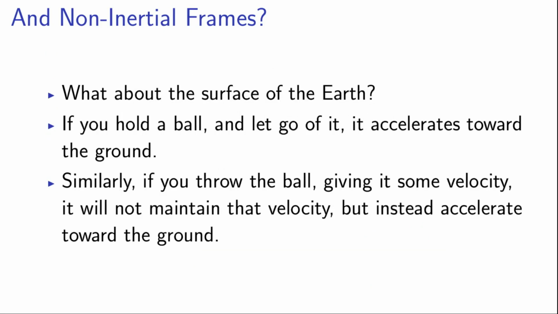What about the surface of the Earth? If you hold a ball and let go of it, it accelerates toward the ground. Similarly, if you throw the ball, giving it some velocity, it will not maintain that velocity, but instead accelerate toward the ground.